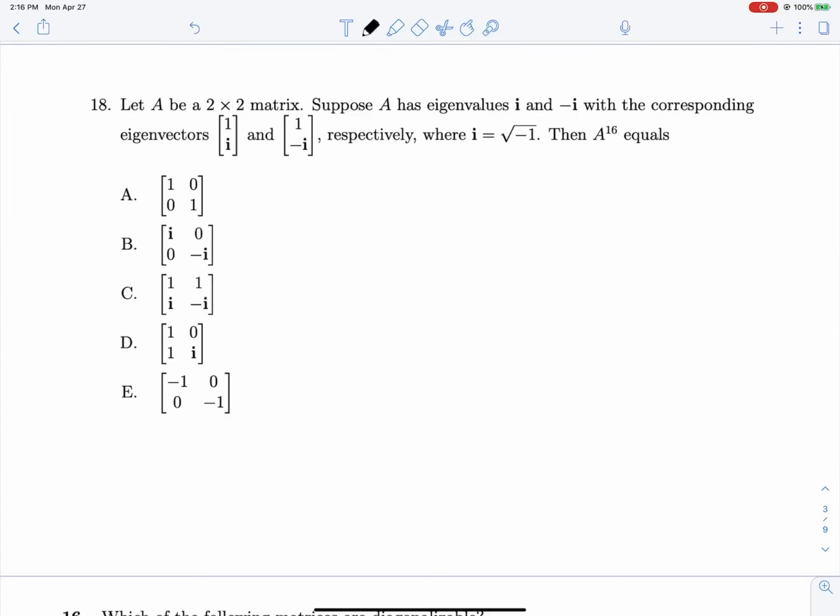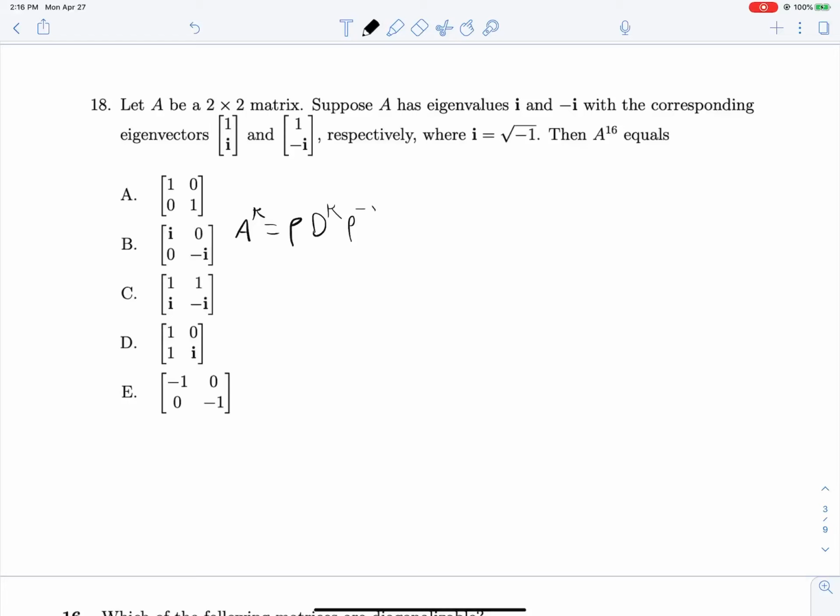18, let A be a 2 by 2 matrix. Suppose A has those eigenvalues with corresponding eigenvectors. We're finding A to the 16th. So we know that diagonalization can help us out here because A to the k is equal to P D to the k P inverse. So really all we have to do is figure out what our matrices D, P, and P inverse are, and then compute that right-hand side.